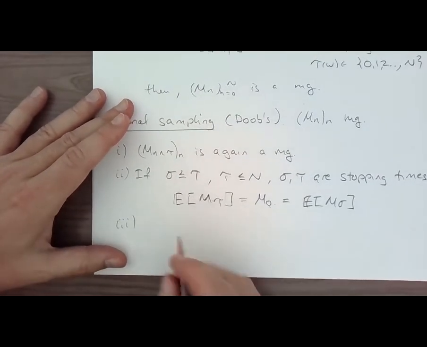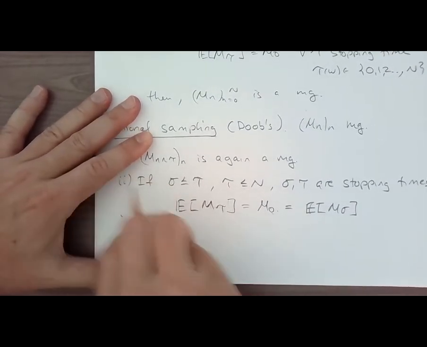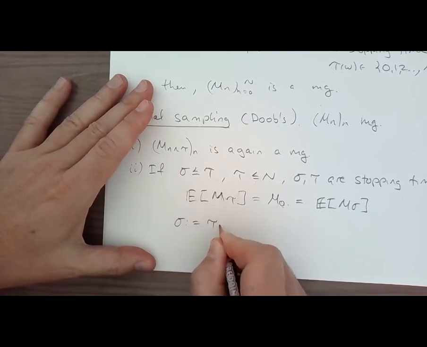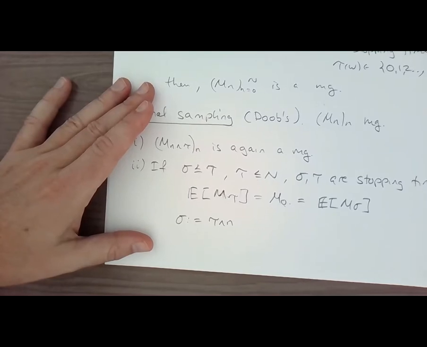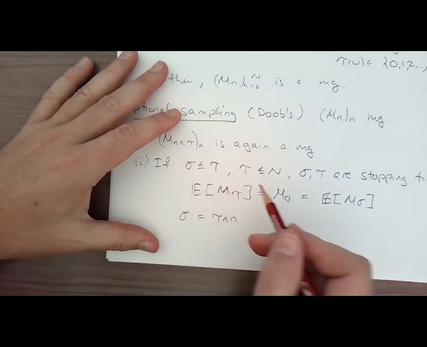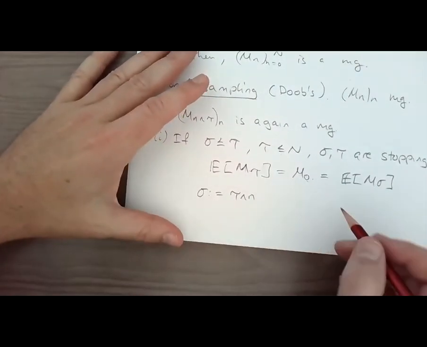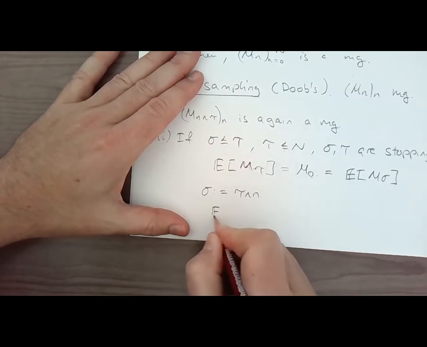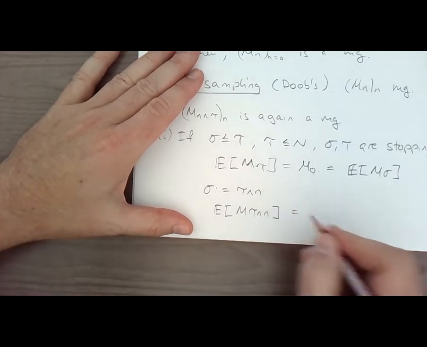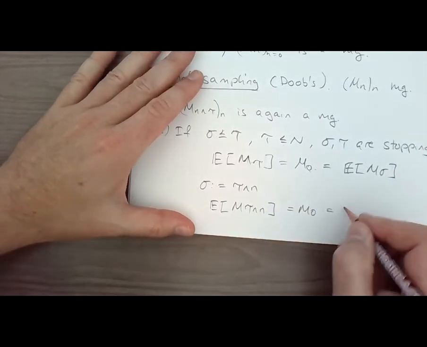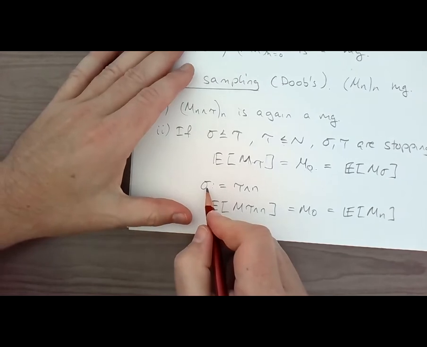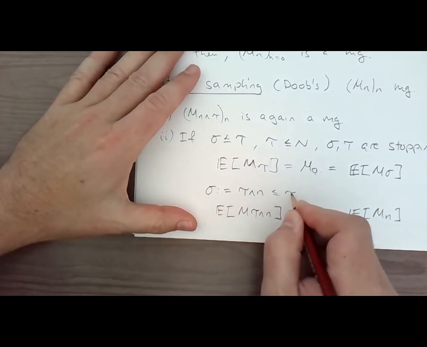Right, and the case that Steve is interested in is he says let's take sigma to be tau min n. Then what would he get? He would get E of M tau min n. You would get that this would be equal to M0. And of course, this is also equal to E of Mn. Because this stopping time here, tau min n, is going to be less than tau.